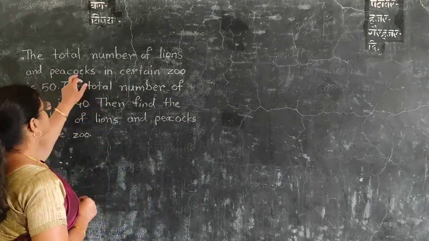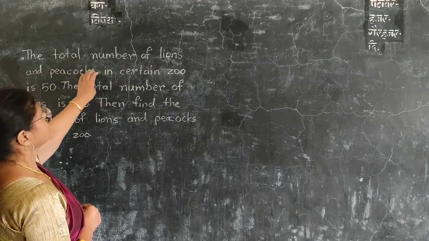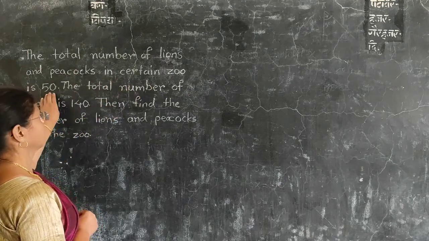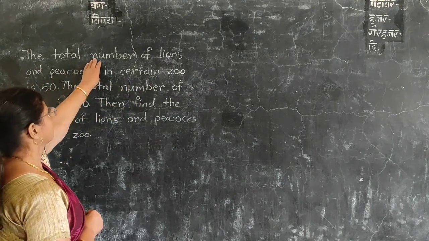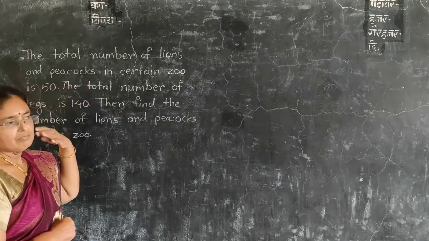For example, in this example, the total number of lions and peacocks in a certain zoo is 50. That means the number of lions and the number of peacocks we have to keep as variables.